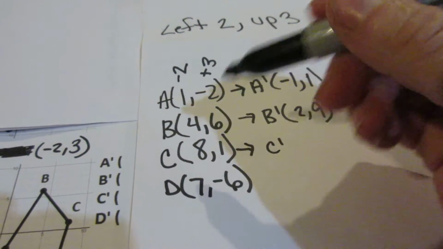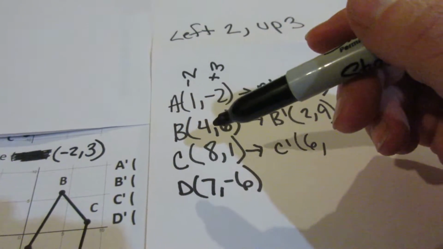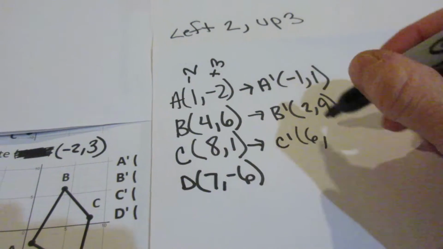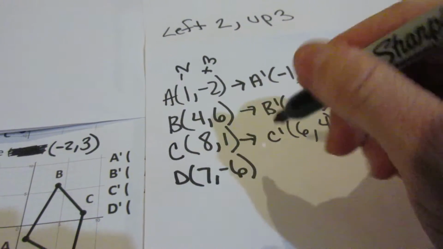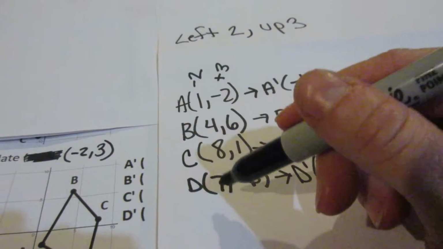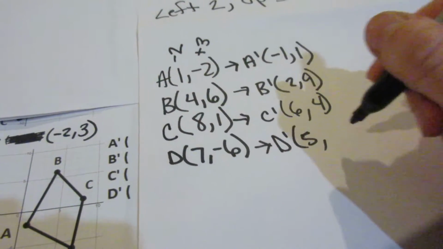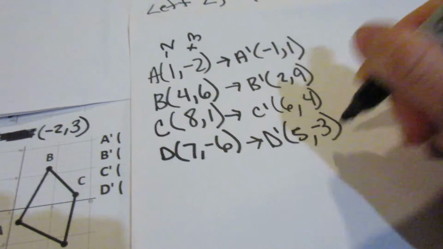For point C prime, 8 minus 2 is 6, and 1 plus 3 is 4. And finally, for point D prime, 7 minus 2 is 5, -6 plus 3 is -3.